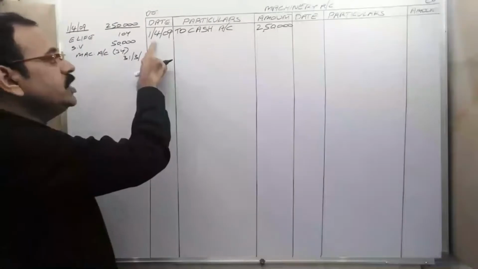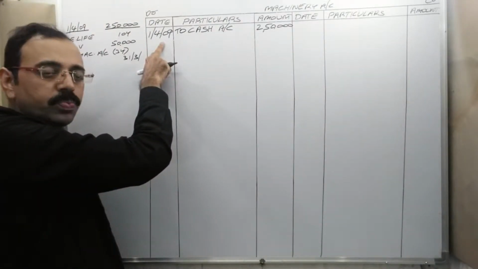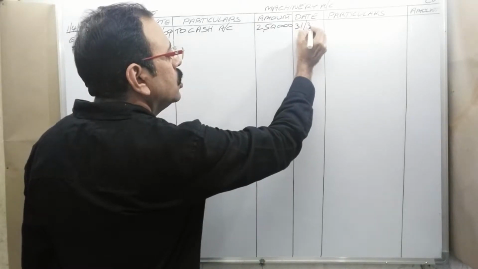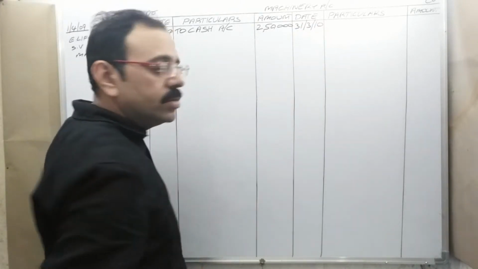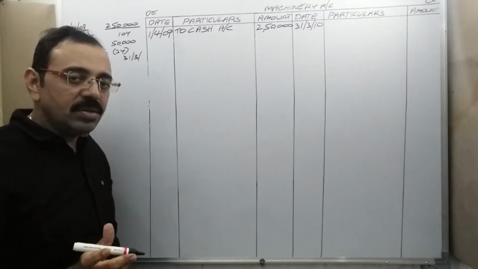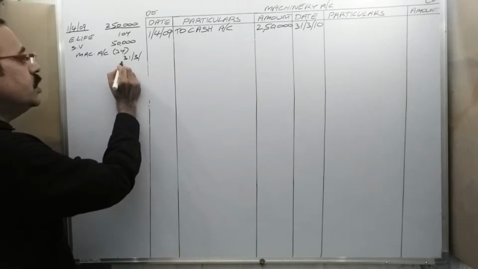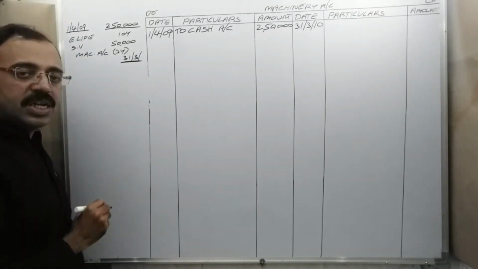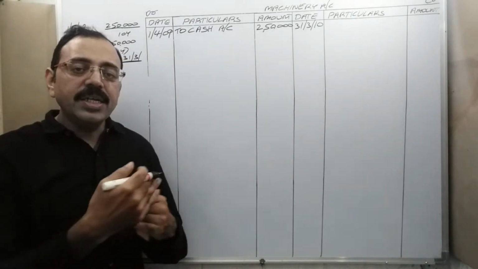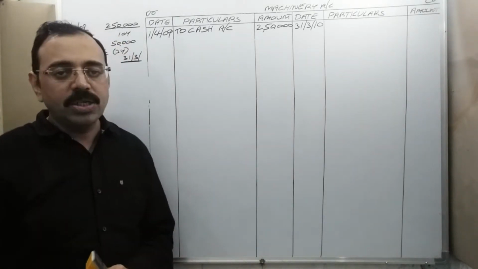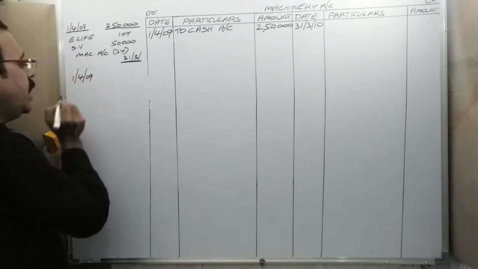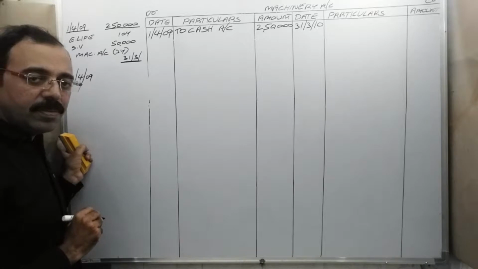Then from 1st April 2009 to 31st March 2010, for 1 year we use this asset. Recollect the question? He has given that the firm is following the financial year. Financial year starts with 1st April and ends with 31st March. On 1st April 2009, they bought this asset.